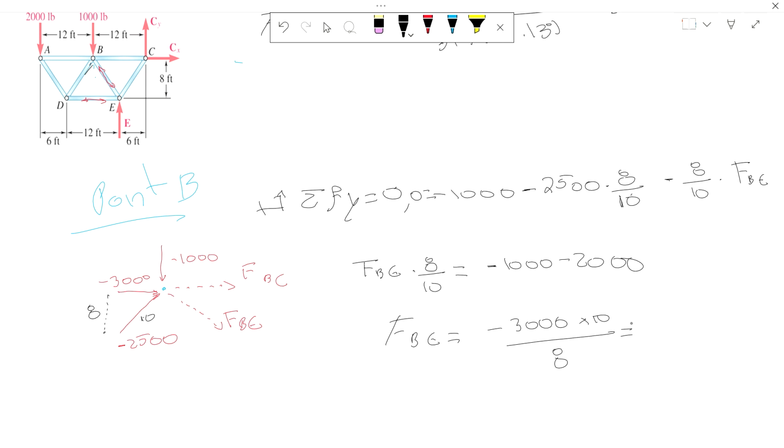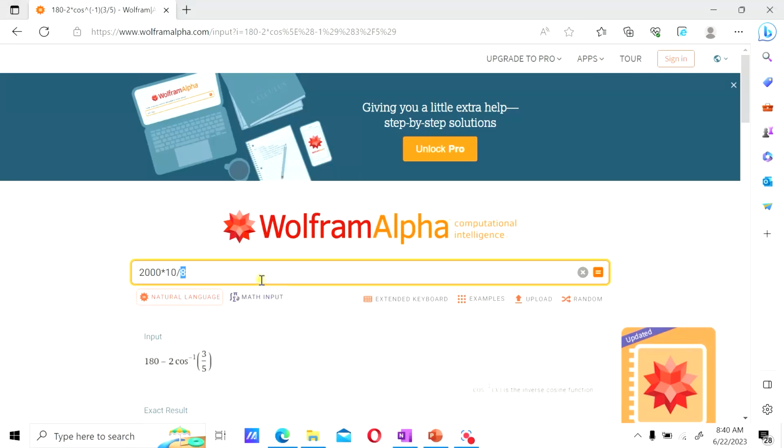So let's double check. This is negative 1,000. Yep. Negative 2,500 times 8. Okay. So why is it giving me so little? Why is it the same? I have a force here. Let me try again.